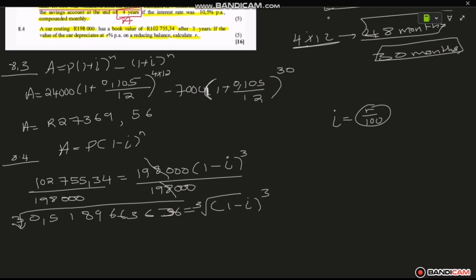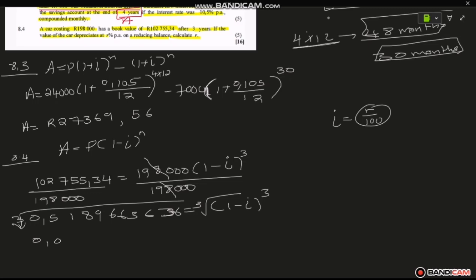Okay, I'm just using my calculator here to get the answer on the left hand side, because on the right hand side we automatically eliminated that exponent 3 by the cube root.